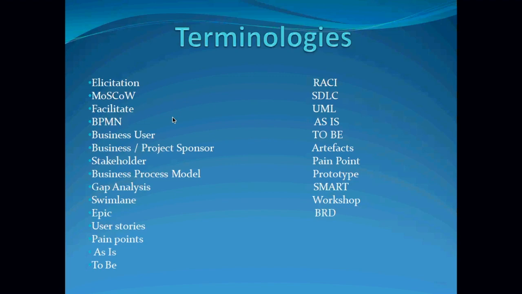So the landing page may be an epic, which means the landing page may have welcome, contact, login, and maybe another thing. It's more or less like a grouping of some requirements together. So that is your epic. We can say it's more or less like a feature.